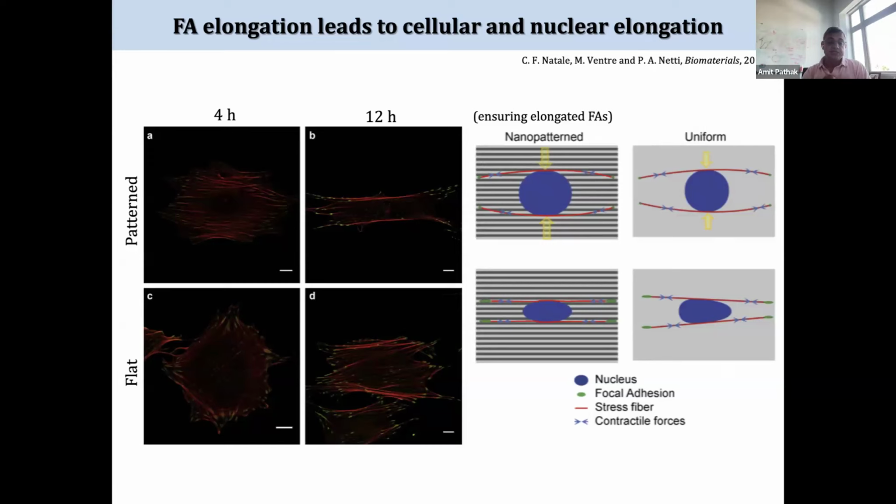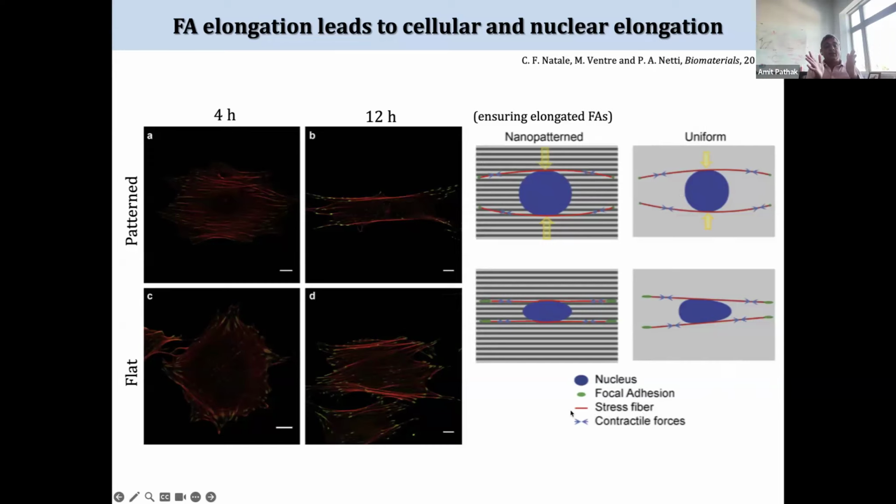So if you put the cells down and allow the focal adhesions to only form along these lines, the cell responds to it. The cell also becomes elongated, and the stress fibers are elongated and wrapping the nucleus.